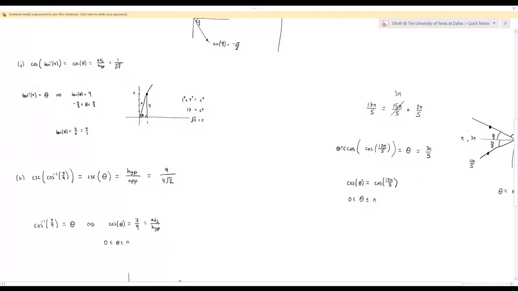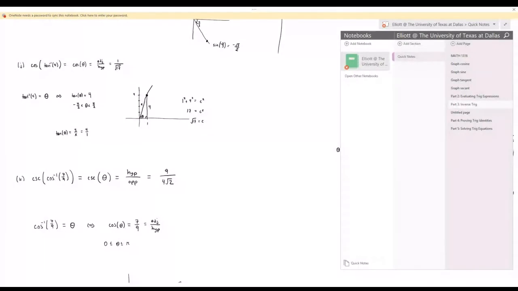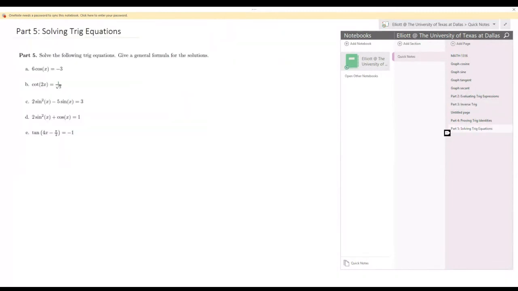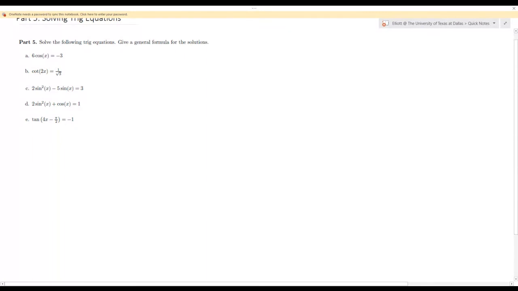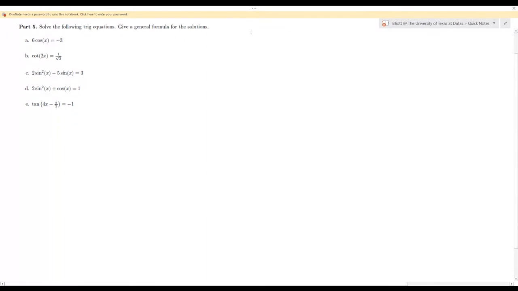Okay. Since there was a request for it, maybe I'll skip the trig identities for now, and go back to them after that, okay? So I have a couple of equations here to try to solve.